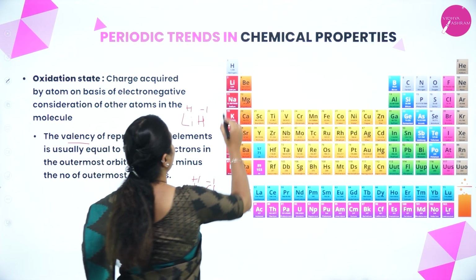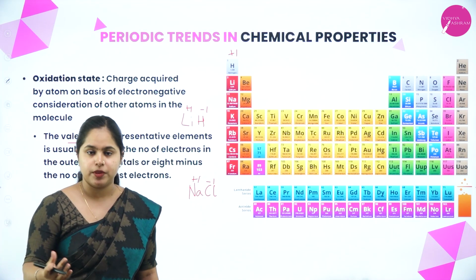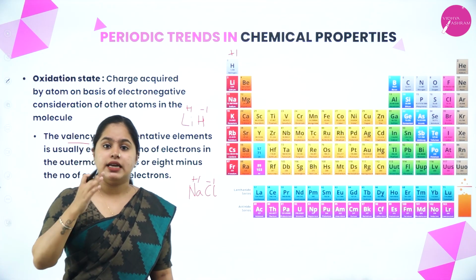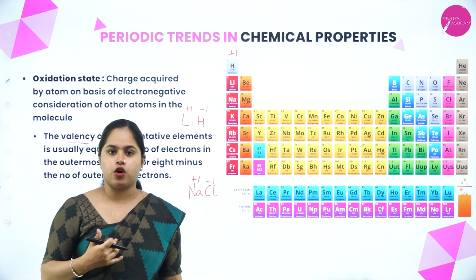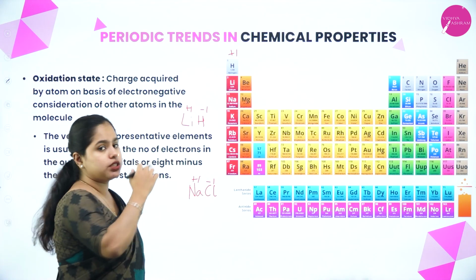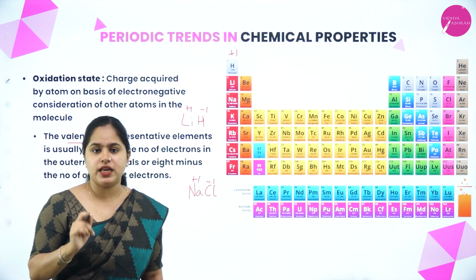So the oxidation state of the first group elements will be +1, because it is ready to lose one electron so that it attains octet. Hence, the oxidation state or the valency will be +1.